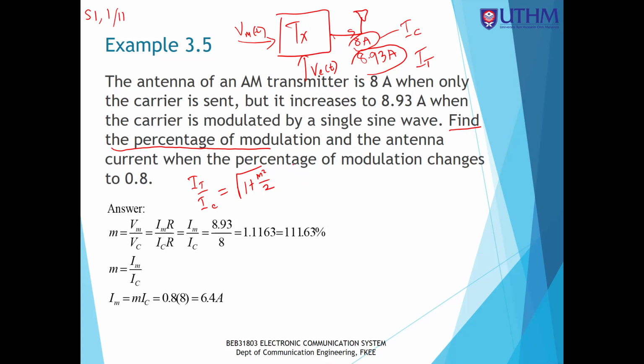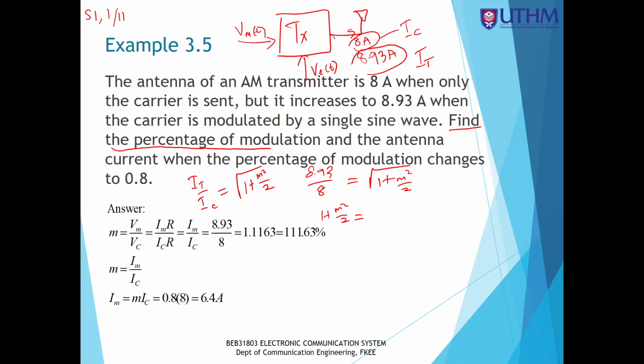So IT over IC, how much is this? 8.93 divided by 8 equal to square root of 1 plus m square over 2. So 1 plus m square over 2 is equal to (8.93 divided by 8) squared. Use your calculator: 8.93 divided by 8 and then square the answer.